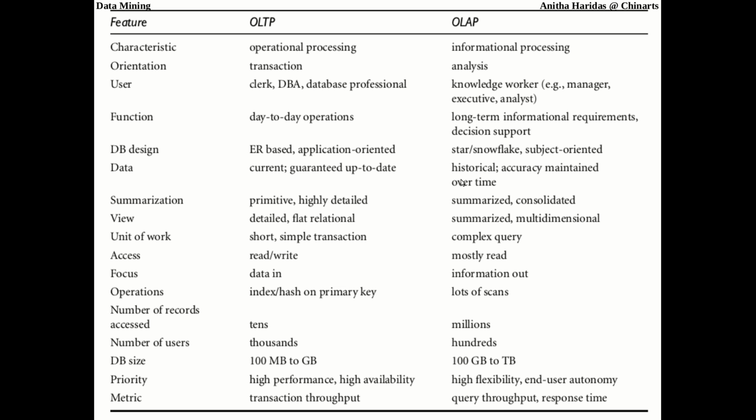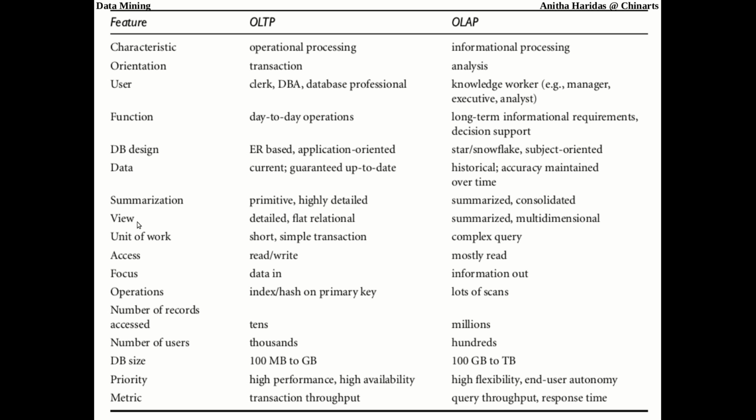Right? So when you have a large amount of data, your analysis is going to give you the correct result. Then based on the summarization, OLTP can give you only primitive or highly detailed data, whereas OLAP can give summarized and consolidated data. So here it is going to be very primitive level, but here it is going to be summary and consolidated data.